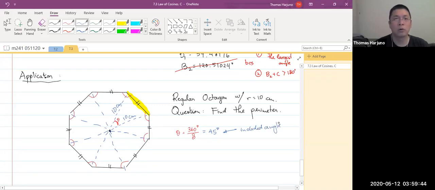So one side S: S squared equals 10 squared plus 10 squared minus 2 times 10 times 10 cosine 45 degrees.